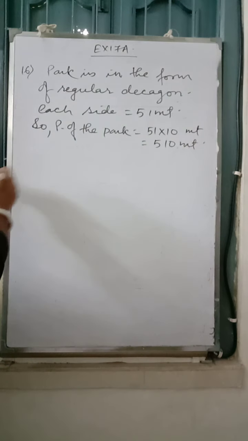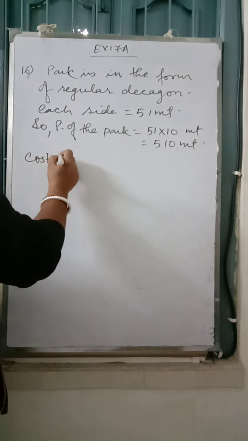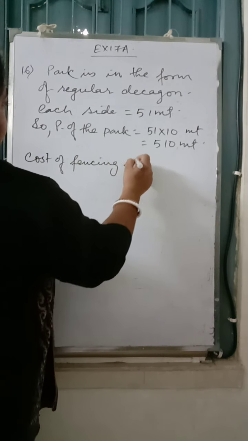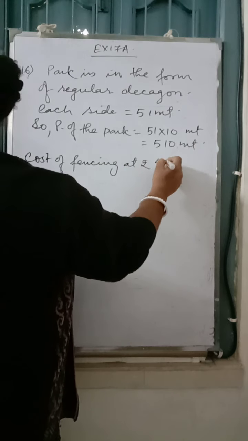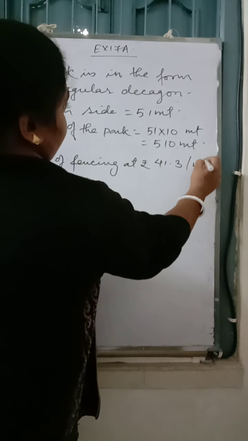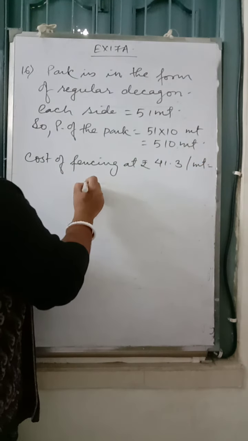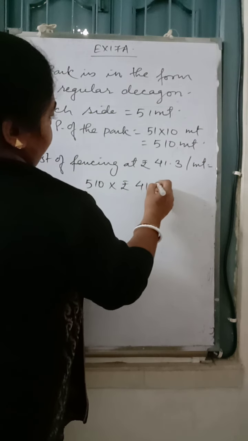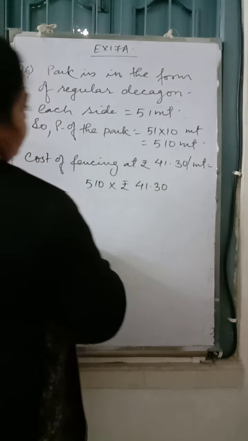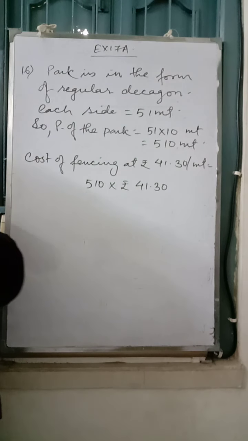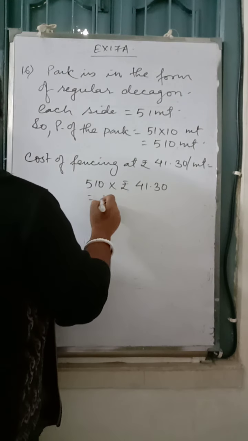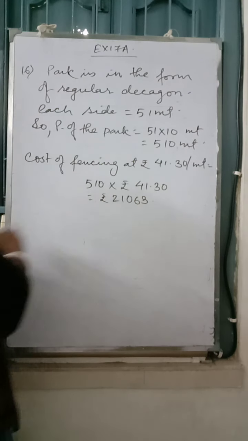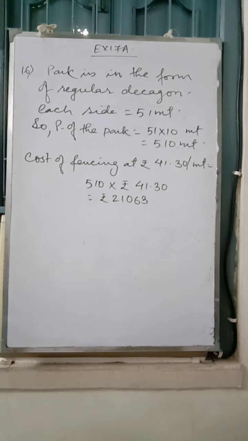Cost of fencing at rupees 41.3 per meter is equal to 510 into rupees 41.3. When you multiply, you will get rupees 21063 as the cost.